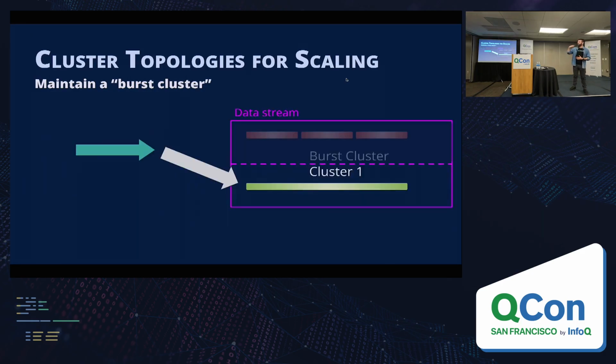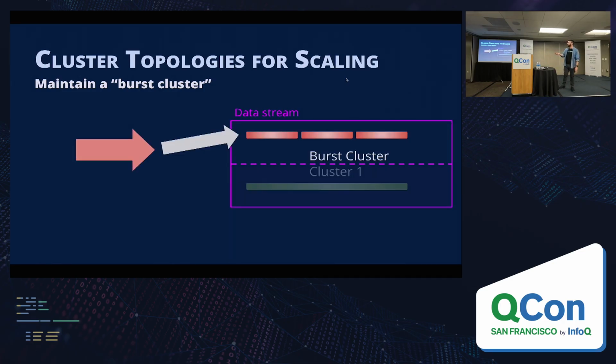Which brings me to the second and last topology that I want to discuss here, which is called the burst cluster. It is very similar to the previous one, but the difference is kind of big. We're not just changing the index that we're going to within the cluster, we're changing the direction to a completely different cluster. So we wouldn't be using the write alias, we would be diverting traffic.